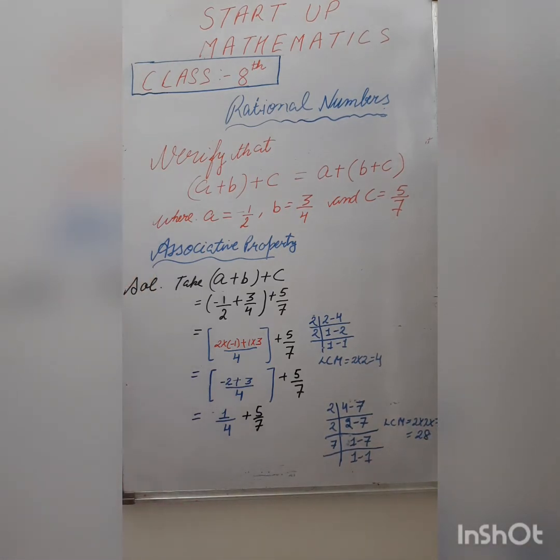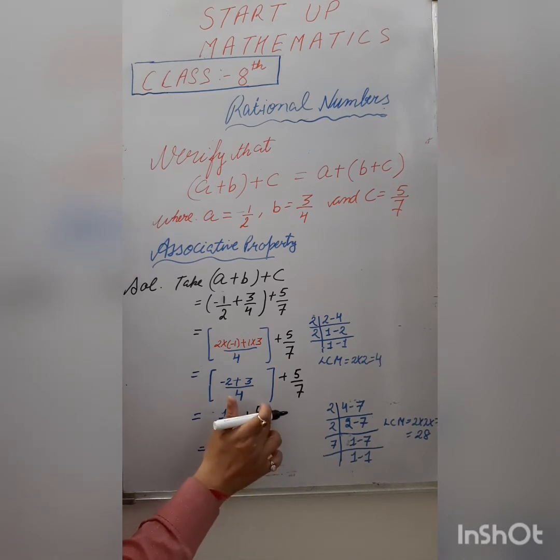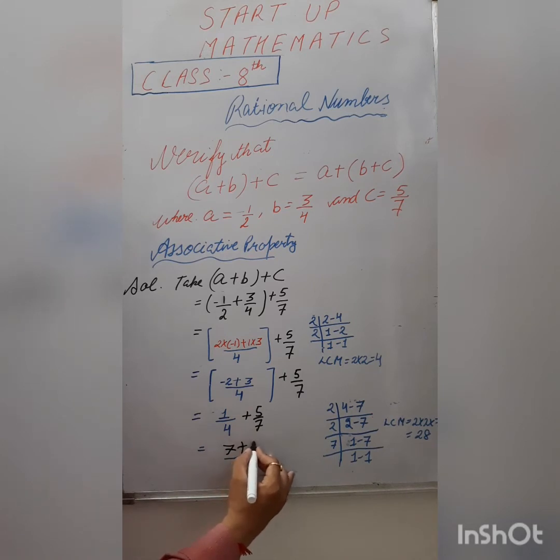The LCM of 4 and 7 is 28. Again, same: 28 divided by 4 is 7, 7 multiply 1 is 7. Plus 28 divided by 7, the quotient is 4, which is to be multiplied with 5. 4 5s are 20.